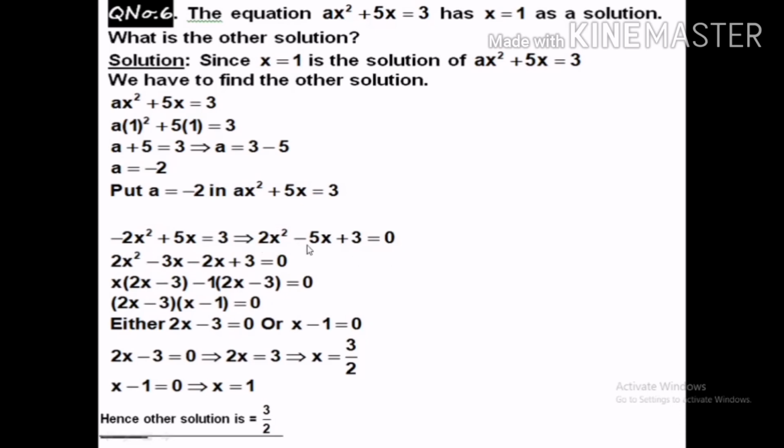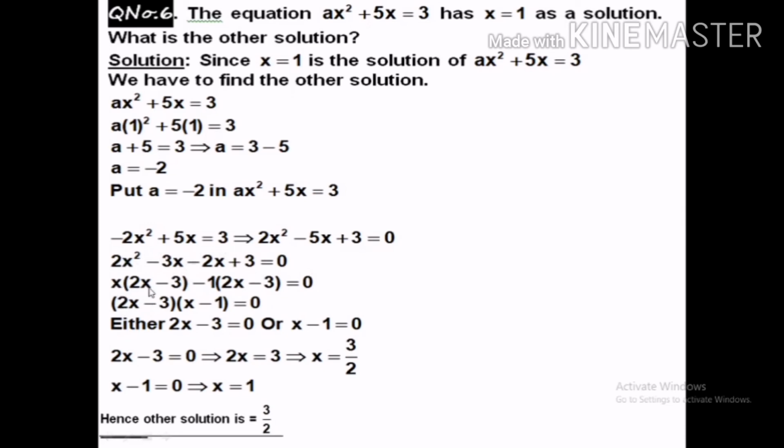Now factorizing this to get the solution set, or the value of x. By making factors we get two factors, minus 3 and minus 2. If we multiply them, we get 6, that is the product of the coefficient of x square and the constant term, 2 times 3 is 6. And by adding minus 3 and minus 2, we get minus 5.